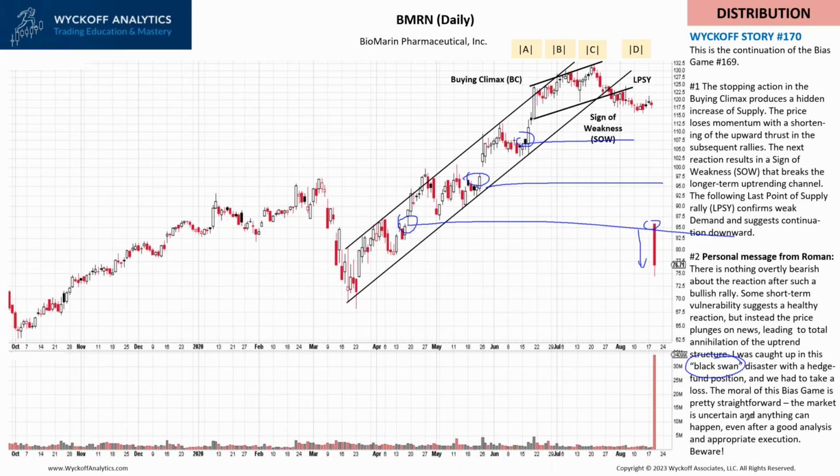Those gaps that go against you. You could now even guess what kind of company this is, in terms of belonging to a specific sector or group. Yeah, biotech, pharmaceuticals, and here's the result. We could definitely talk about how you handle this.